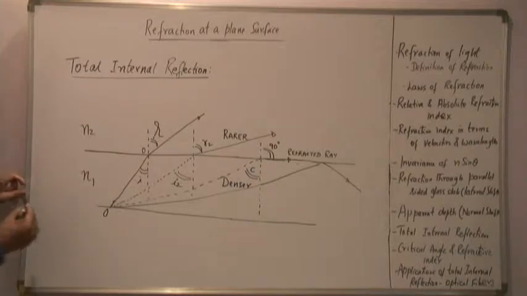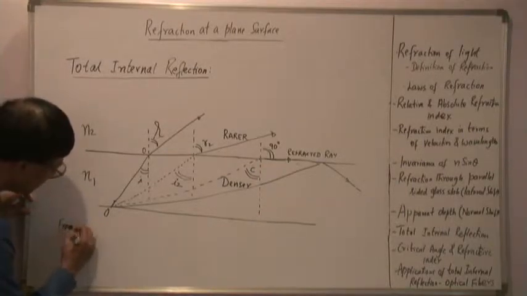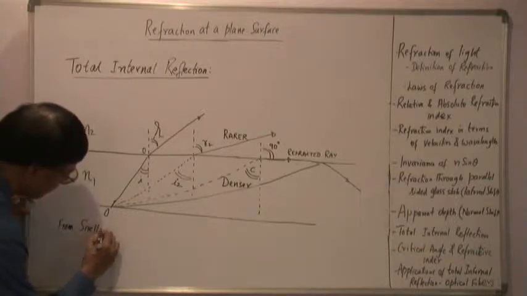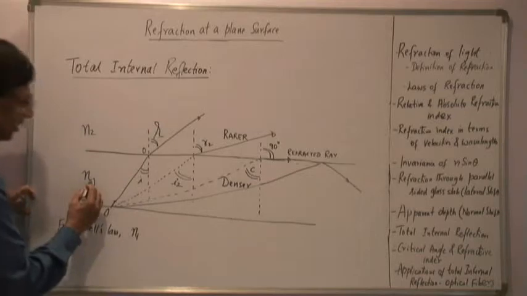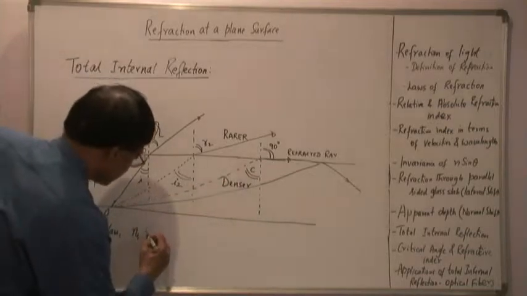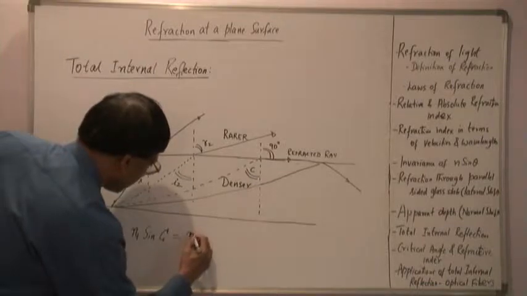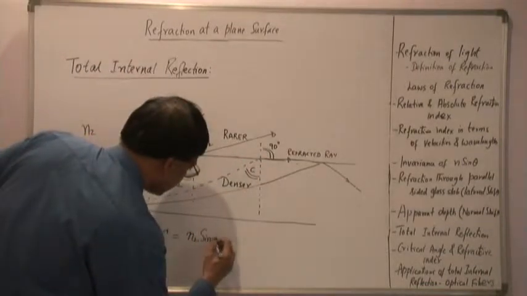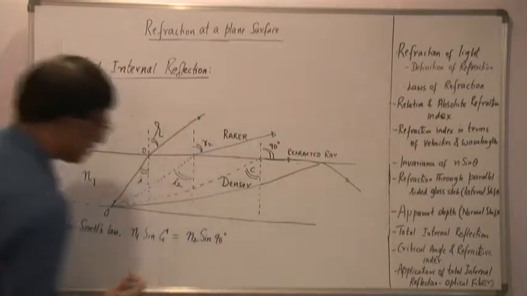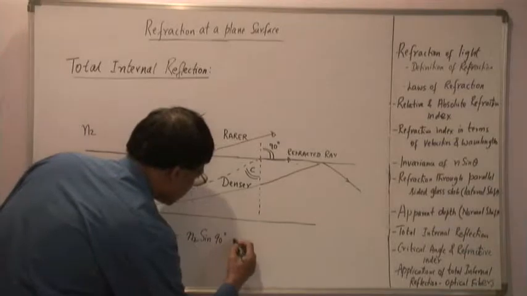Therefore from Snell's law we know that N1 sine C is equal to N2 sine 90 degrees. So sine 90 is 1, therefore this is N2.